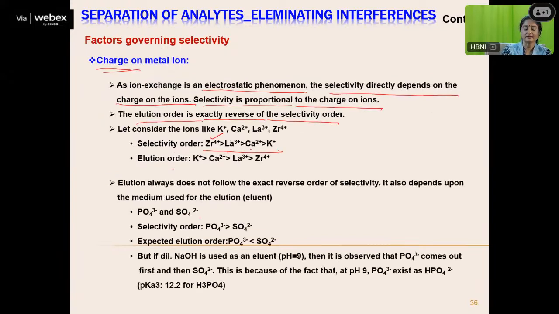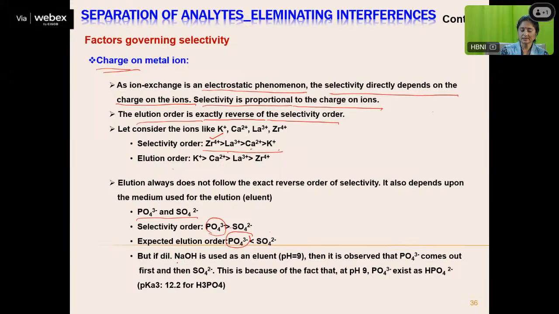Similarly, in the case of anions, phosphate and sulfate. Phosphate is more charged than sulfate, so the selectivity order will be this, and the expected elution order is phosphate before sulfate. But many times it depends on the condition. Every time it is not that the elution order will be exactly reversed to the selectivity order.